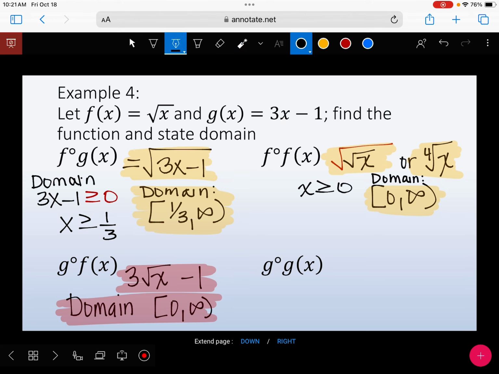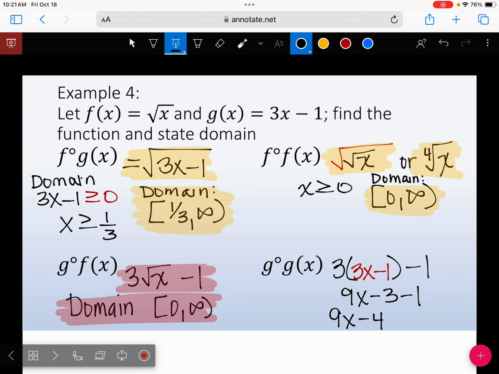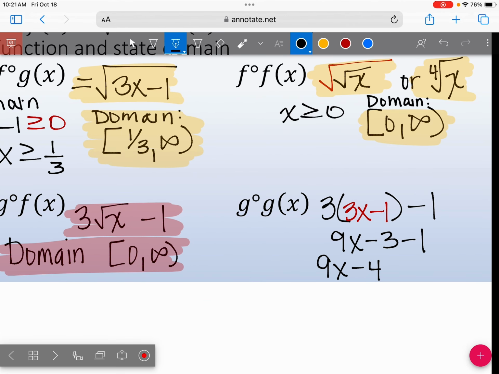So I have 3 parentheses minus 1, and we're going to put our 3x minus 1 on the inside, distribute the 3, and combine your like terms. So that would be my function. I don't have any red lights, so this is the only one that has a domain of all real numbers.